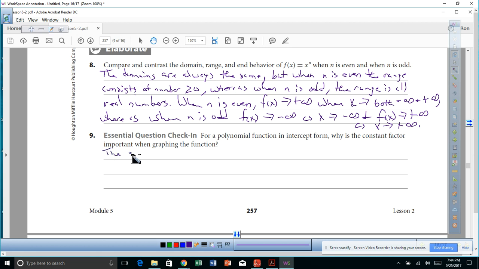The sign of the constant factor has an impact on the end behavior of the function.